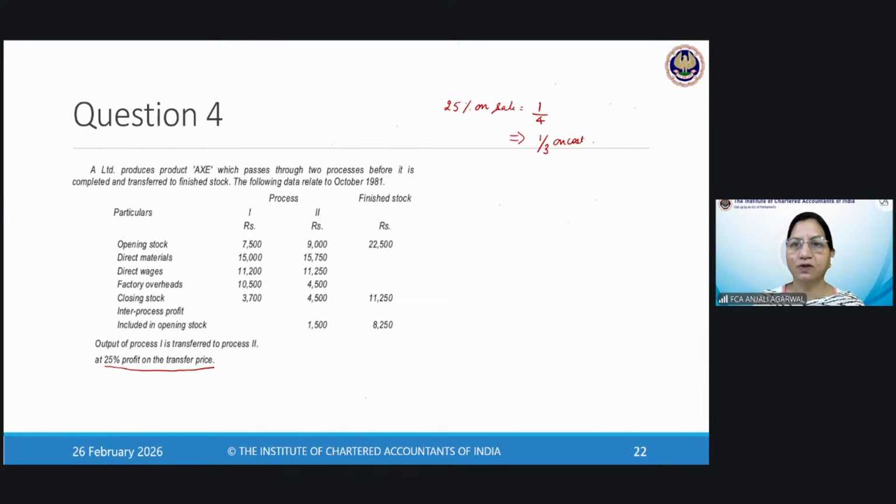Here it is not called sale, it is called the transfer price, because process 1 is not selling something, it is only transferring to the next process. So a profit of 25% on transfer price means 1/4 on transfer price is equivalent to 1/3 on cost. From cost to sales, you add the numerator and denominator to find the denominator. But from sales to cost, you subtract.